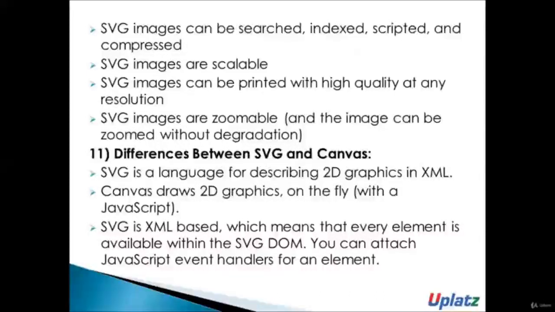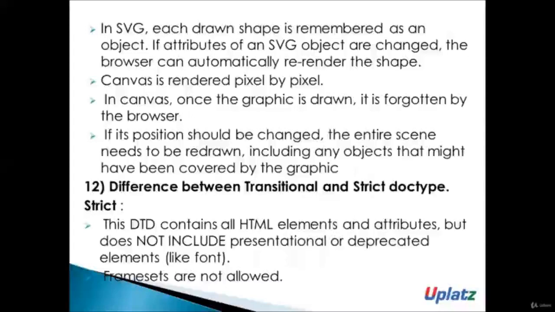You can attach a JavaScript event handler to an element. In SVG, each drawn shape is an object, so if it changes, the browser can automatically re-render the shape. But whereas canvas is rendered pixel by pixel. So if the position should be changed, the entire scene needs to be redrawn, including any object that might have been covered by the graphics.